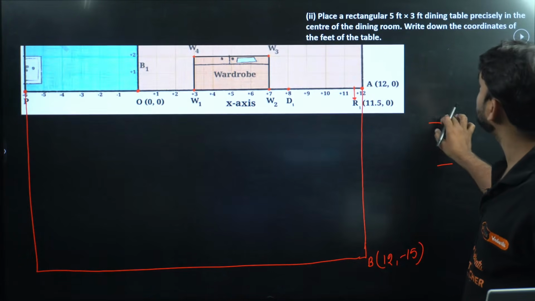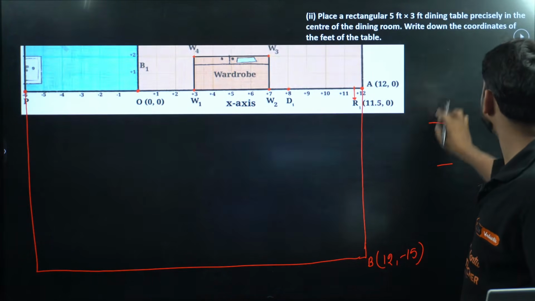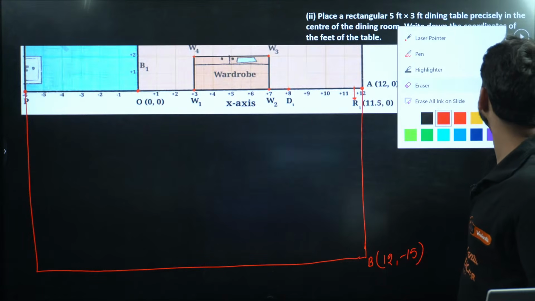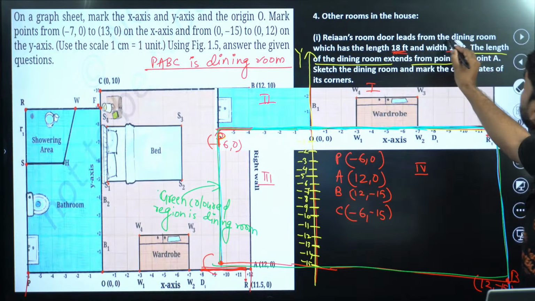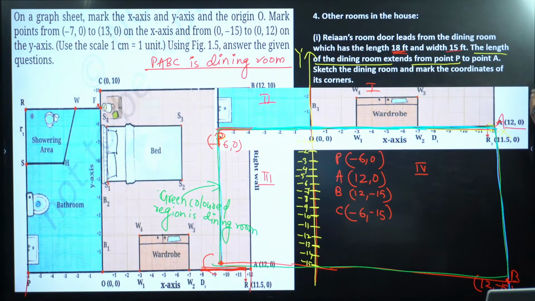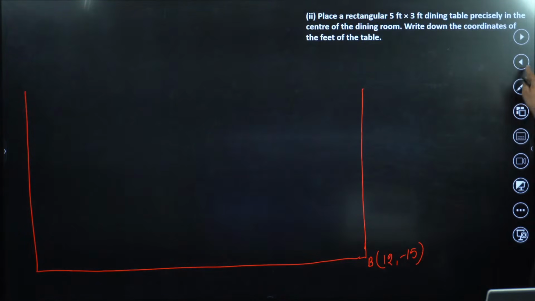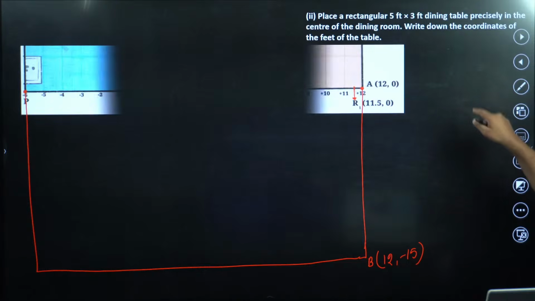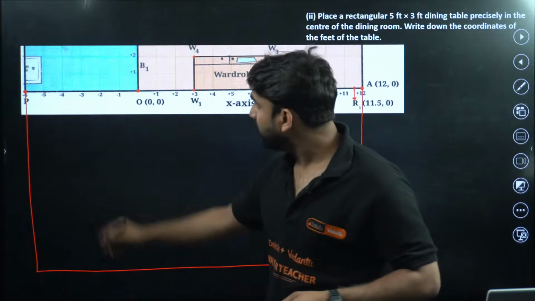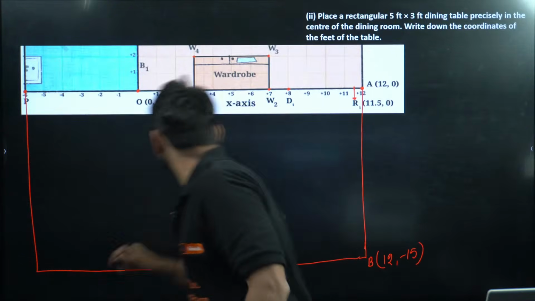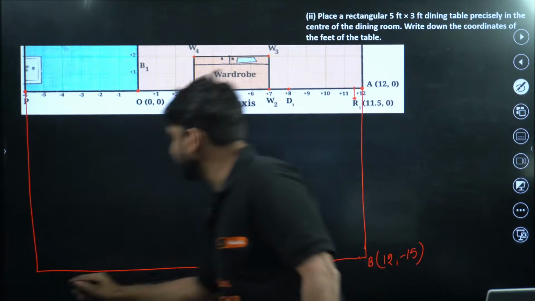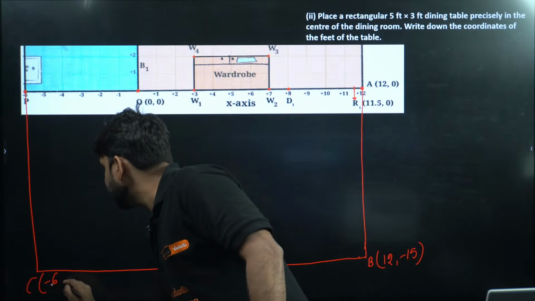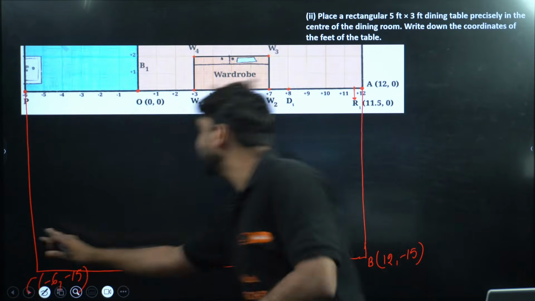Because the dimension of the dining room is 15 feet width, 15 feet. That's why I'm taking the coordinate as 12 comma 15 here. And here C will be minus 6 comma minus 15. This is the dining room.